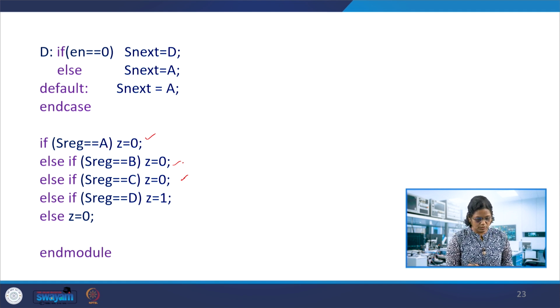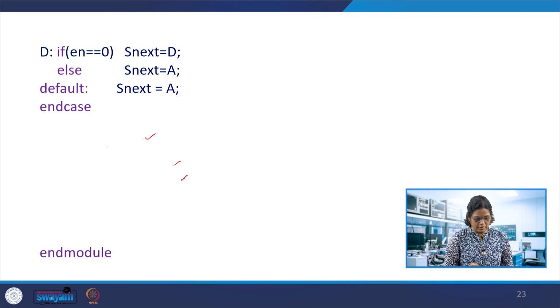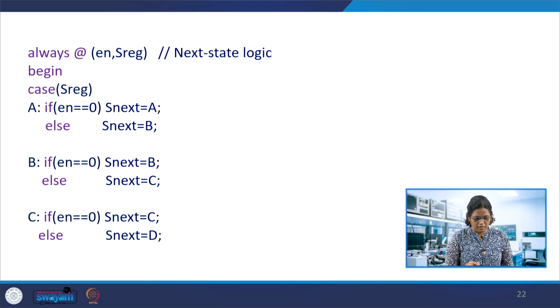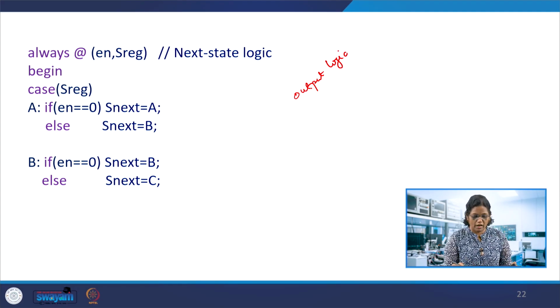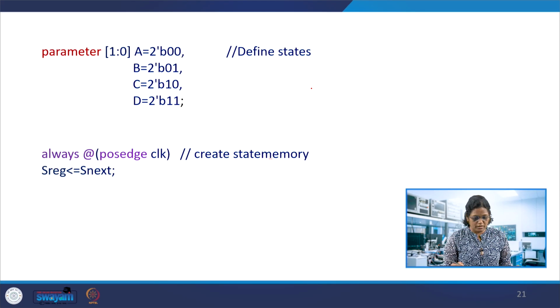So in this example, we have combined the next state logic and the output logic. The output logic is with if-else statements in one always block, and the state memory is retained as such in a separate always block, always at the positive edge of the clock, where next is assigned to sreg.